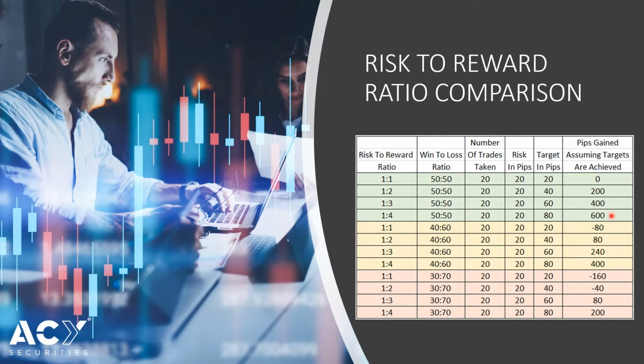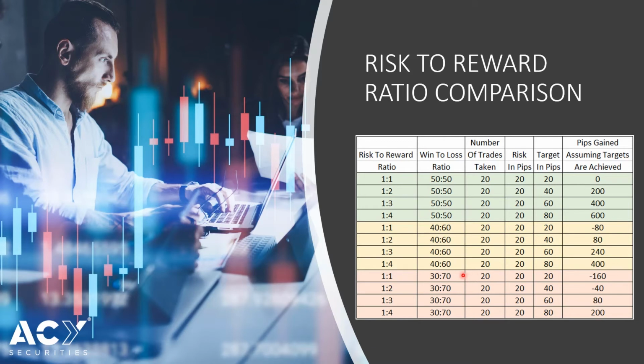But as the win to loss ratio is worse, so 40 to 60 or 30 to 70, then here we can see the 1 to 1 risk reward ratio, you're losing 80 pips. 1 to 2 you're just gaining 80 pips. 1 to 3 you're making 240, and 1 to 4 you're making 400.